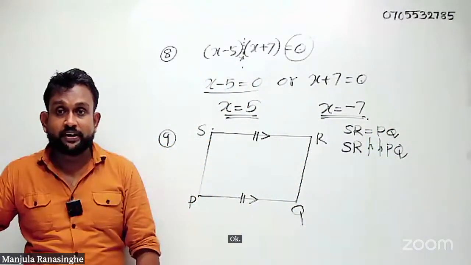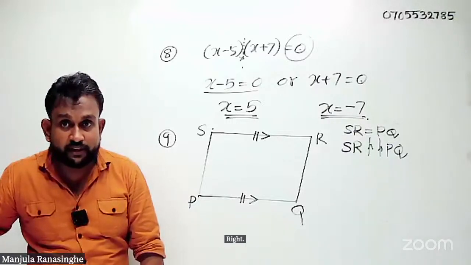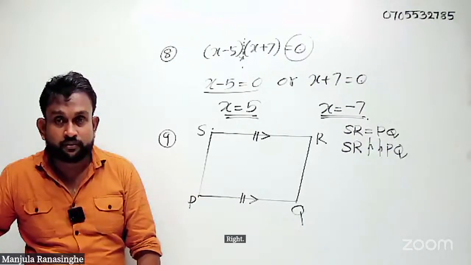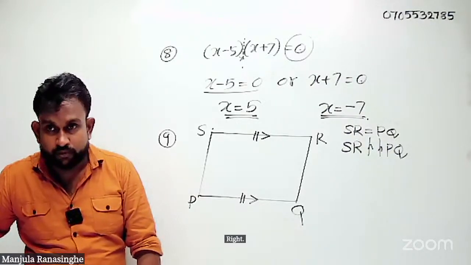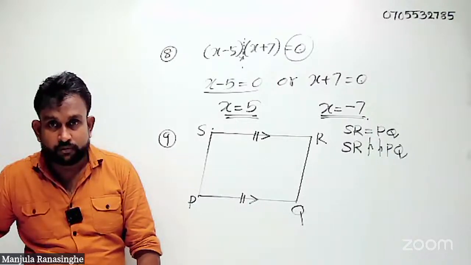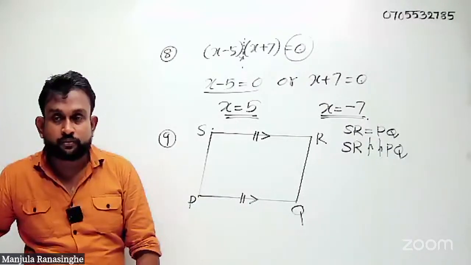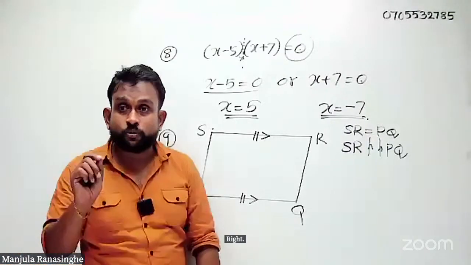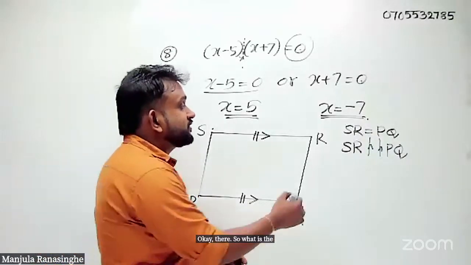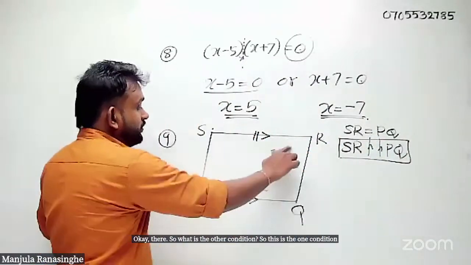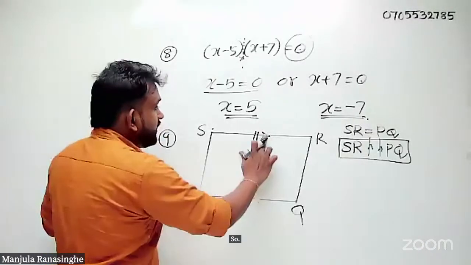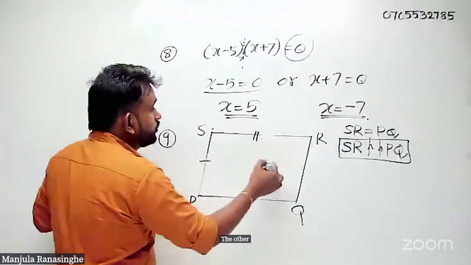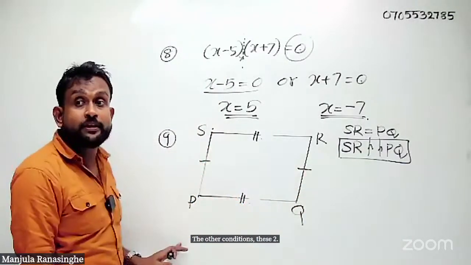Okay, one thing is given, right? You have to make the other thing. So what is the other condition? This is the one condition, SR parallel to PQ, which is not given. The other condition: if these two sides are equal as well as these two equal, then what is the condition?